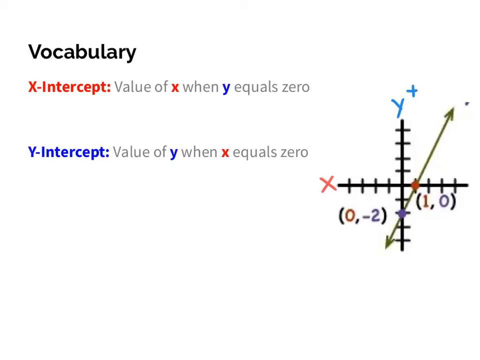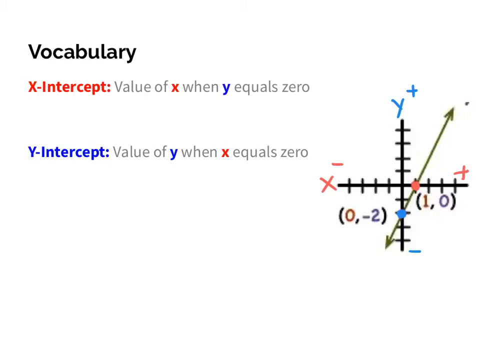The positive versus negative would mean if I'm going up and down, or right versus left, okay? So the intercepts are the points where it crosses the x-axis shown in red, and where it crosses the y-axis shown in blue.